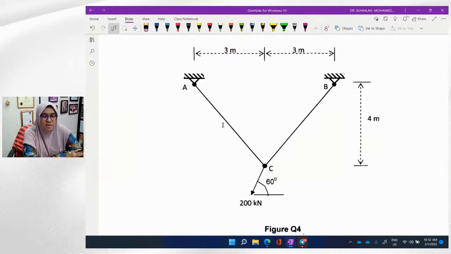If there are so many elements, there are so many nodes as well, so we will get many unknown displacements.